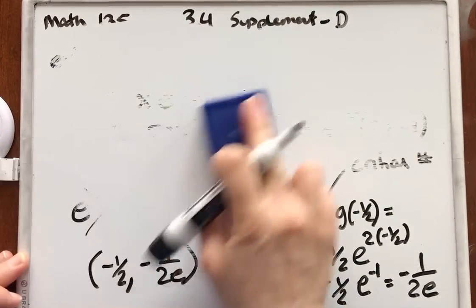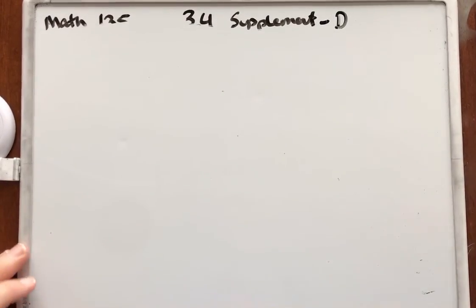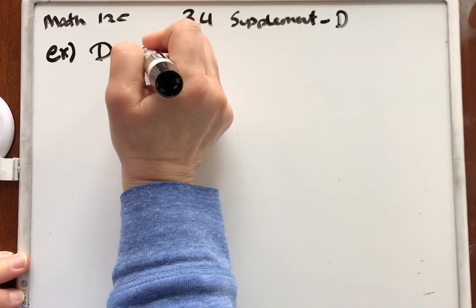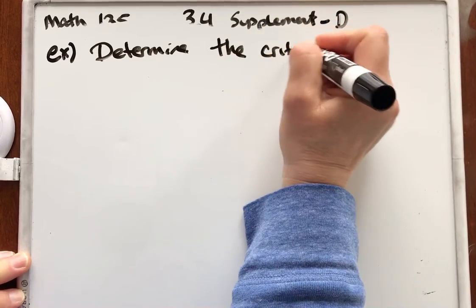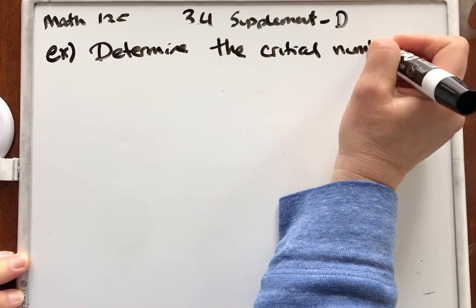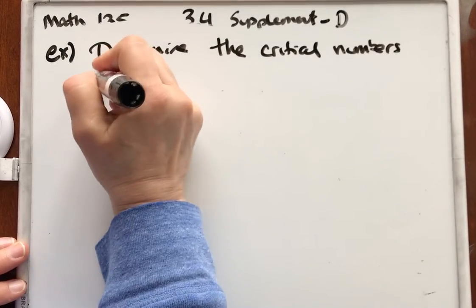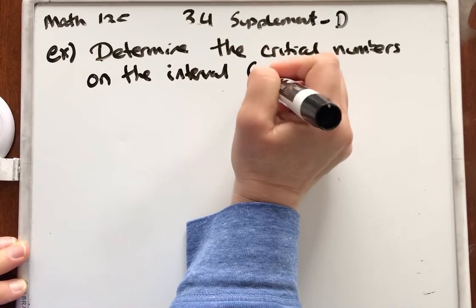All right, now let's do another one that may be a little bit tricky. Not difficult once again, but notice the wording in this question. So this is our last question for today. Determine the critical numbers on the interval from 1 to 6.